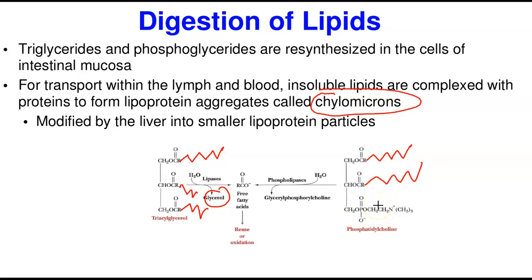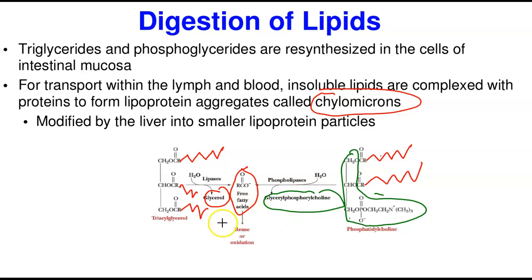However, what we're trying to demonstrate here is that removing this one and this one releases the fatty acids, and then what happens? The glycerol phosphocholine remains together. So from this point to this point still remains intact. That is our glycerol phosphocholine. However, our interest is what happens to this fatty acid.